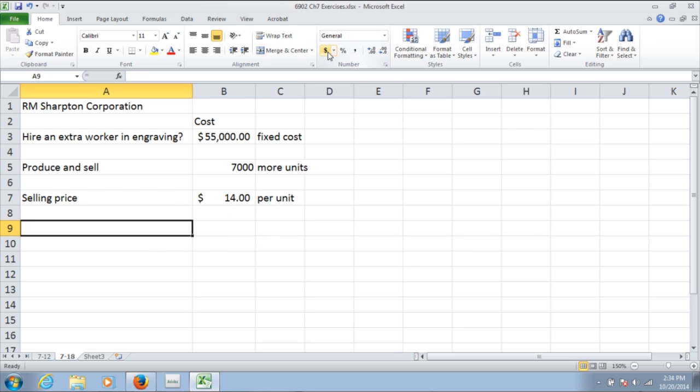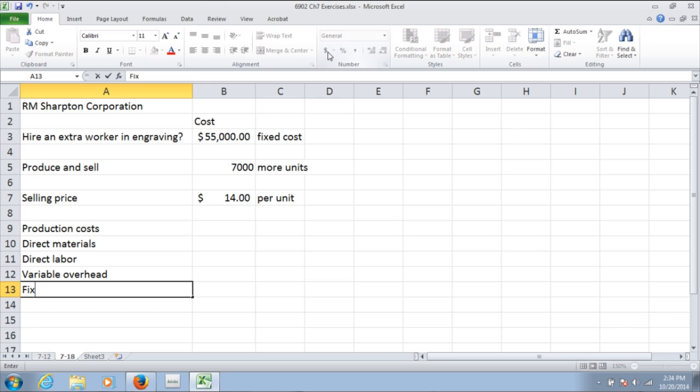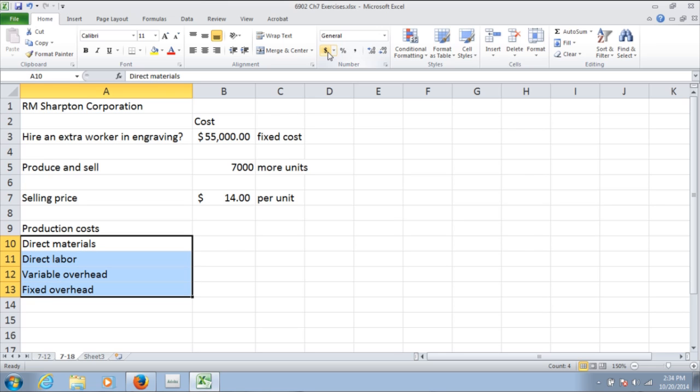And then we have our production costs: direct materials, direct labor, variable overhead, and fixed overhead. As we can highlight these, up here under the alignment tab, we can shift those over a little bit nicely.